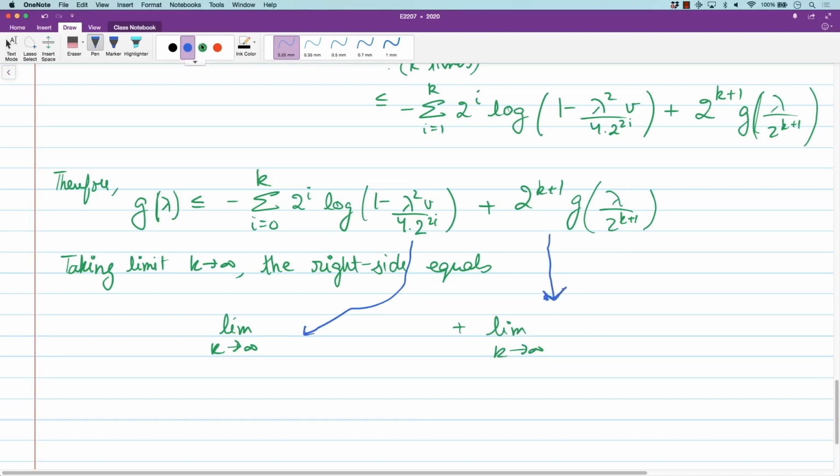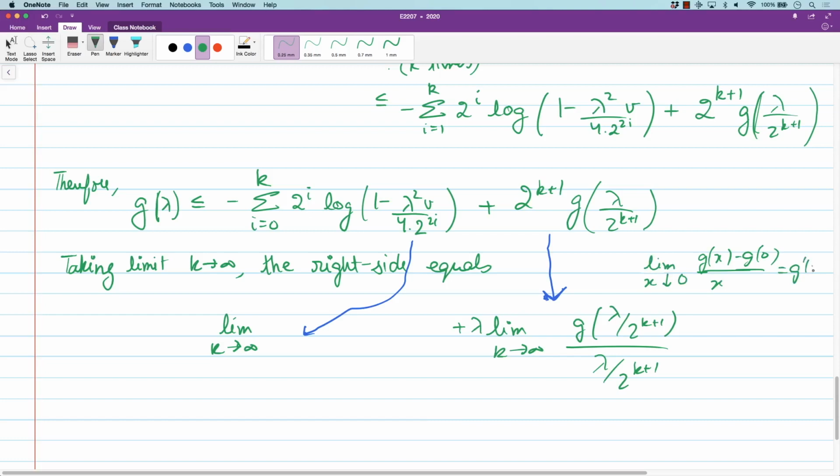So the second guy is 2 to the power k plus 1, so I'll take a lambda out, so it looks like lambda by this, by lambda by 2 to the power k plus 1. So what is this guy? As k goes to infinity, this goes to 0 from the right side, and this is g of x minus g of 0 by x in the limit as x goes to 0 from the right side. So this guy here is just g prime of 0.